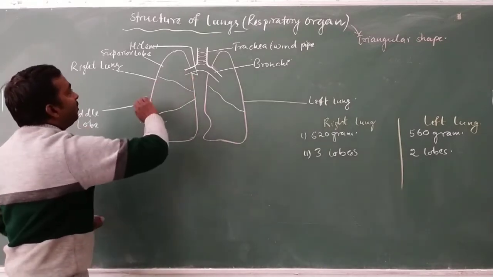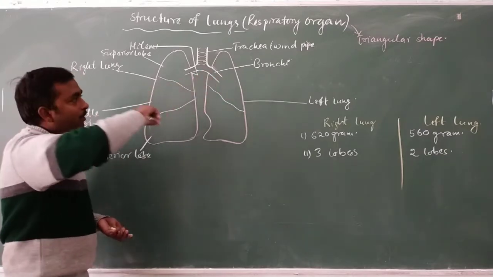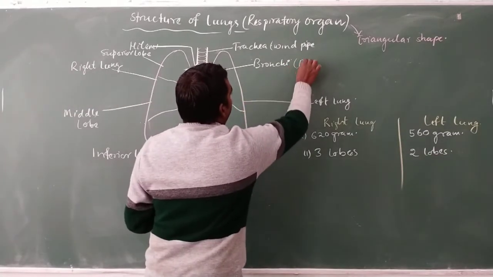The bronchus which enters into the lung is known as the primary bronchus.